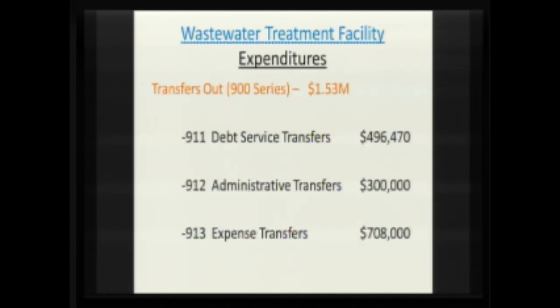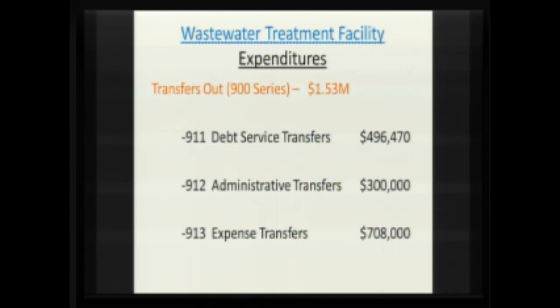Expenditures that also come out of the 5401, the administration, are the 900 series. I think the city manager could better explain what those numbers pertain to. For your debt service transfers, we transfer to the debt service fund where all of our general obligation debt is paid.